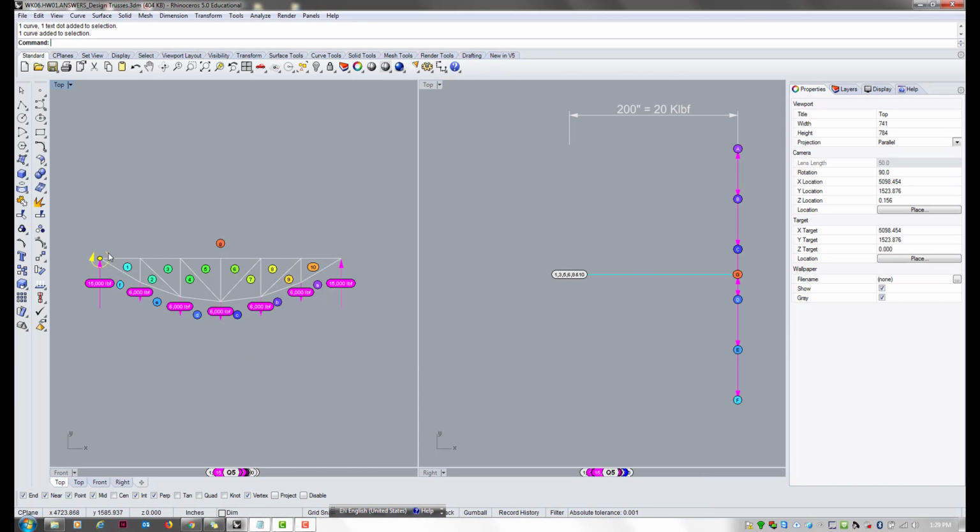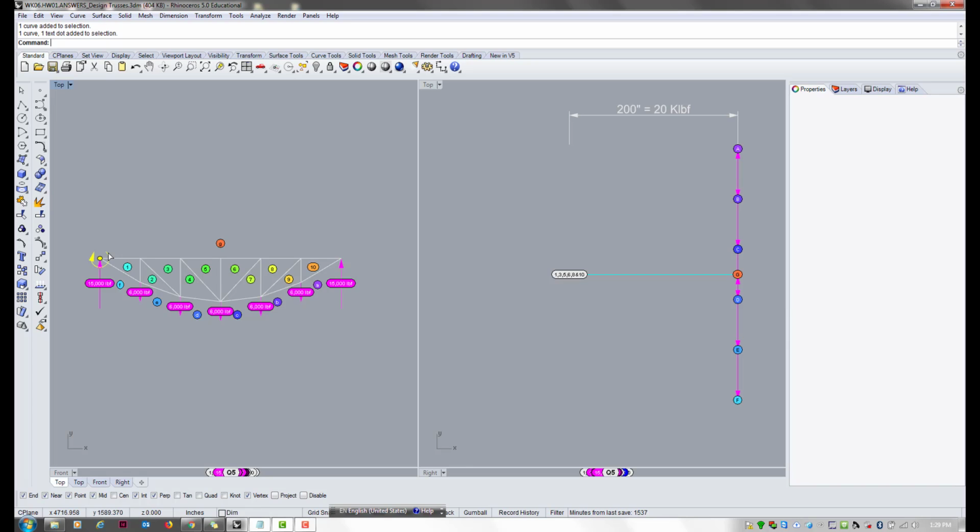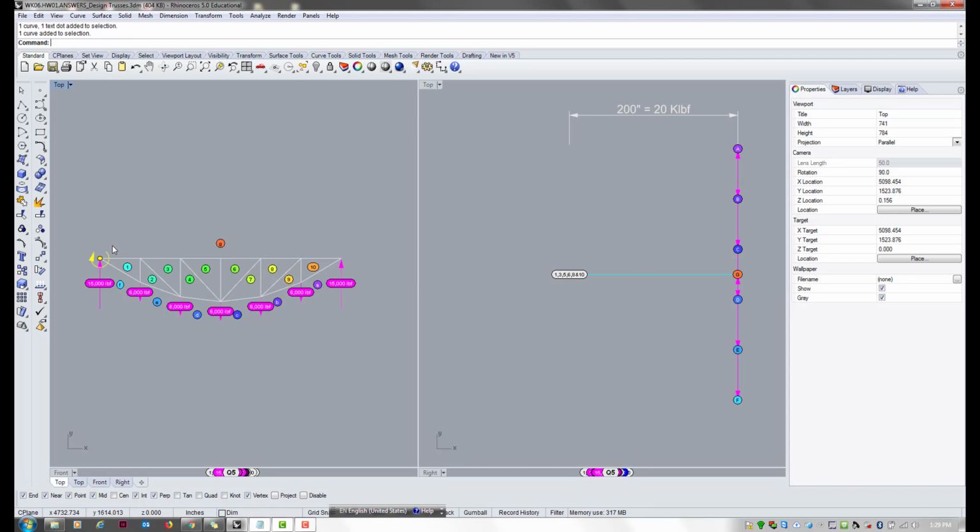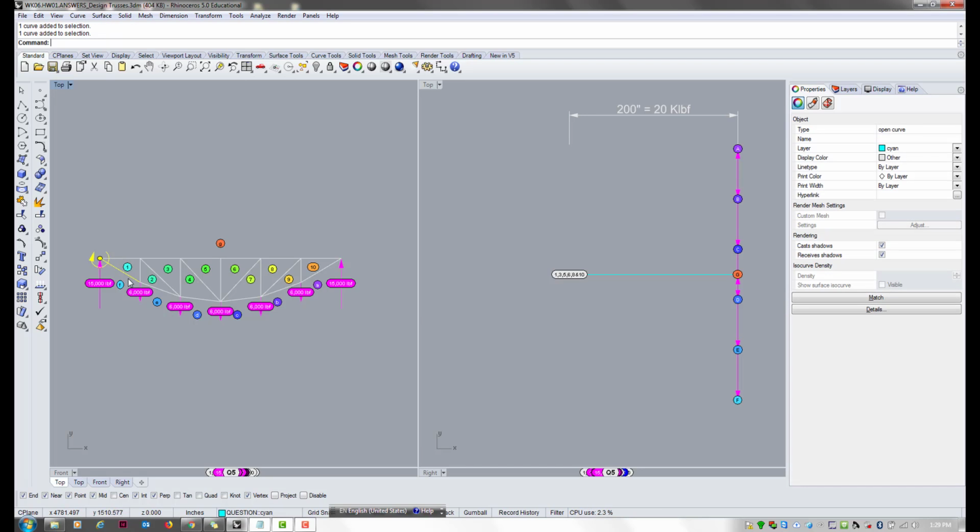So as usual, we can start the analysis from the corner point, which is right here. Following the clockwise order, we're going to be looking at each member. So this diagonal member, which is 1F, is right here.